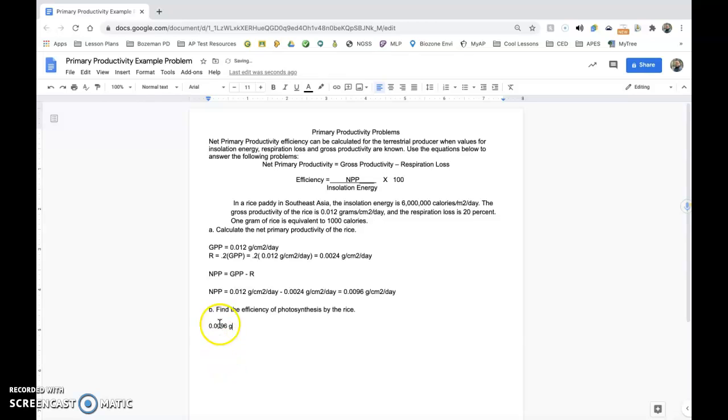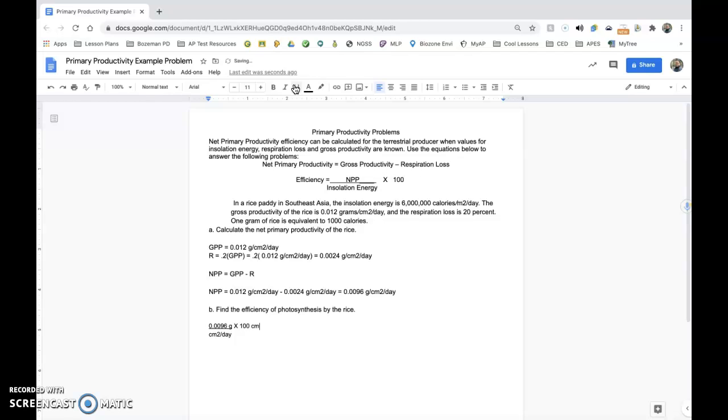You know what, I'm going to set this up. It's going to be a little annoying for me to do, but it'll be helpful. So we're multiplying and we're trying to get rid of centimeters squared.